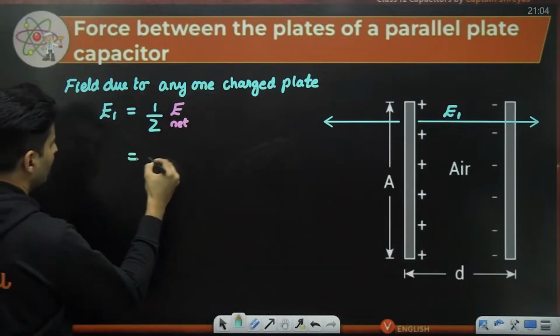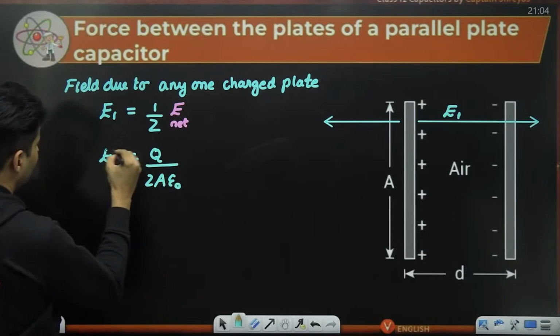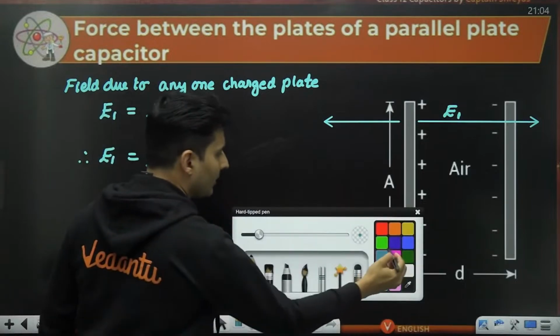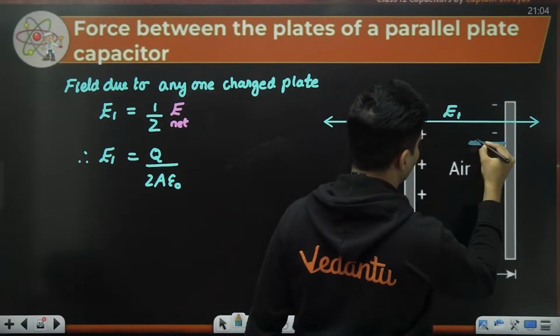So hence it will be nothing but Q by 2A epsilon naught, that is the electric field due to any one of those plates.